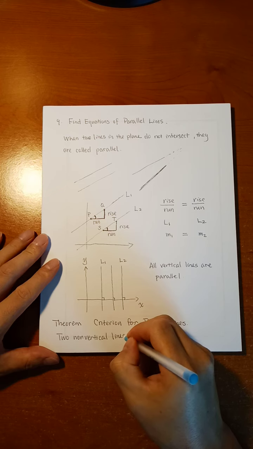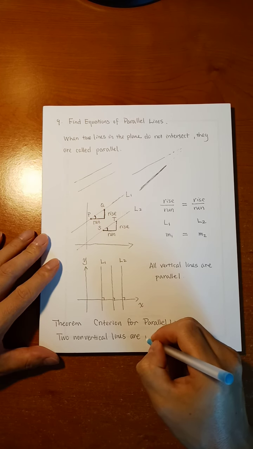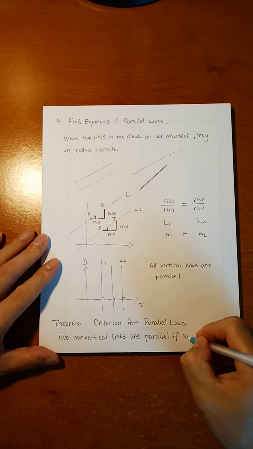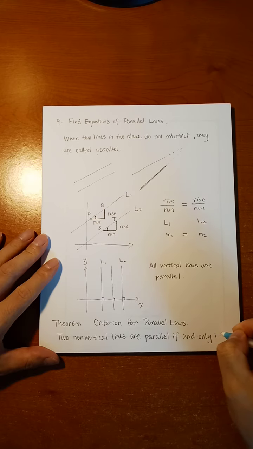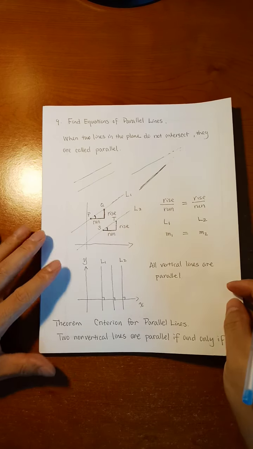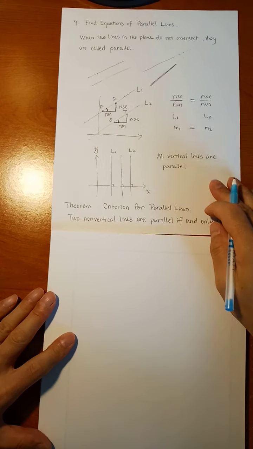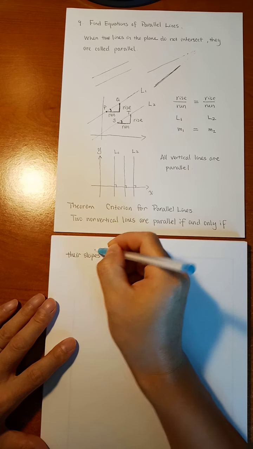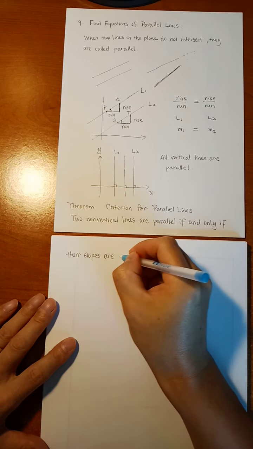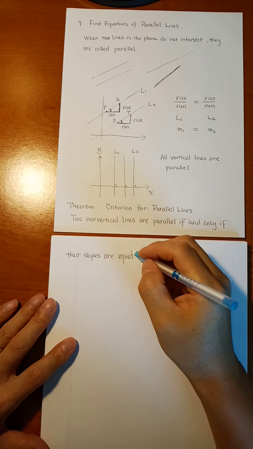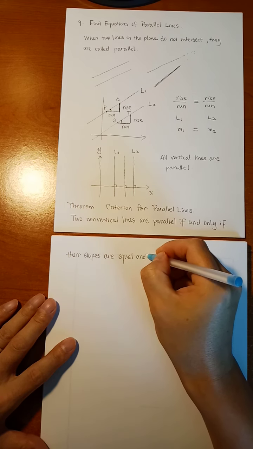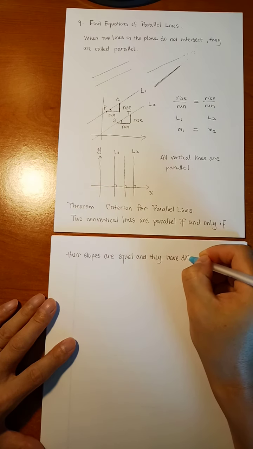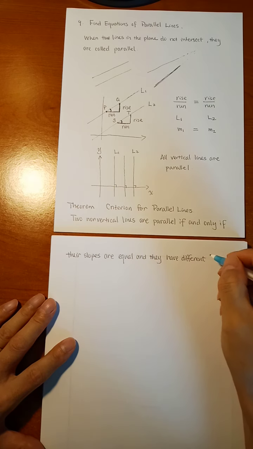Two non-vertical lines are parallel if and only if they have the same slope, their slopes are equal, and they have different y-intercepts.